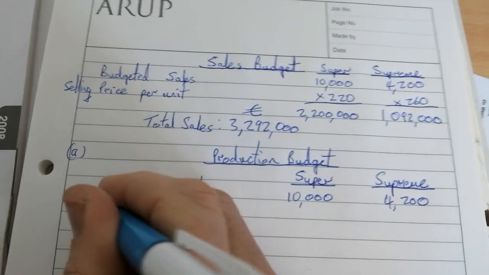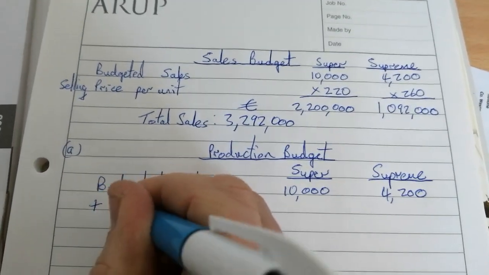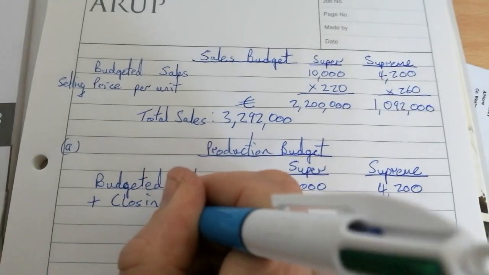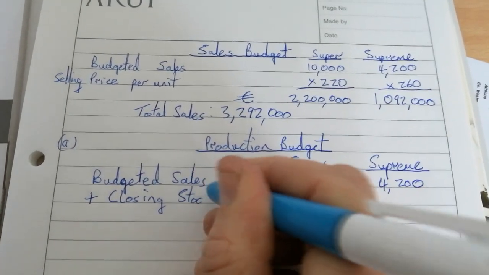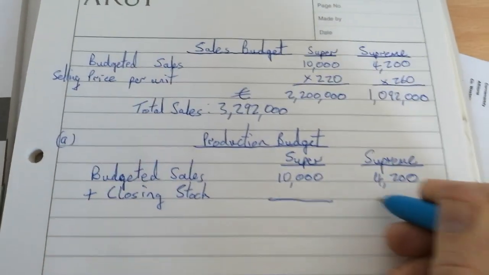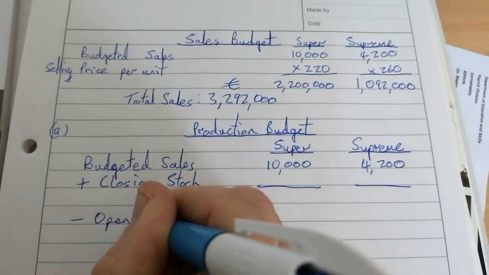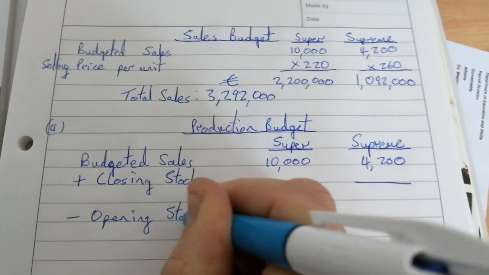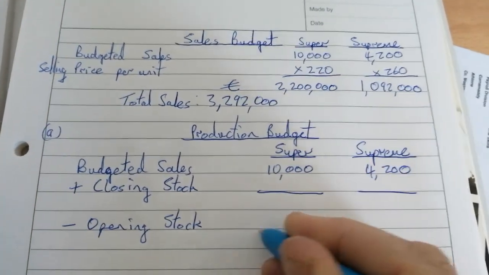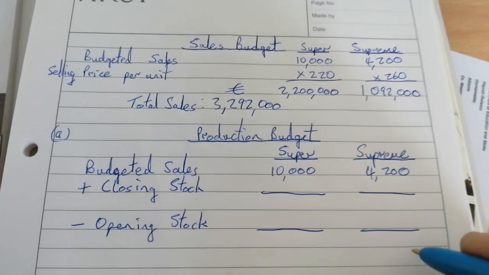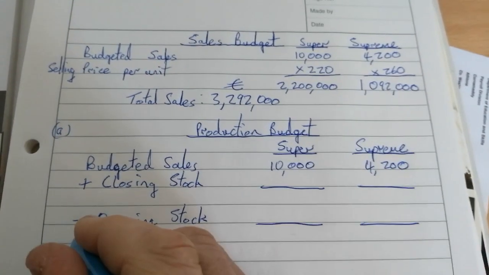Just as it is at the ordinary level, it's going to be plus closing stock, get your answer, minus opening stock, and that'll give you your budgeted production.